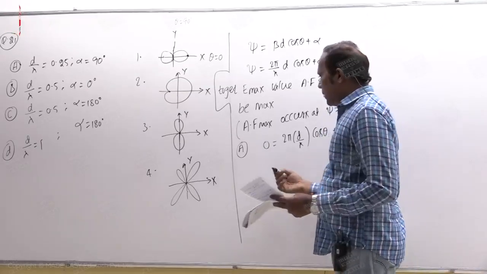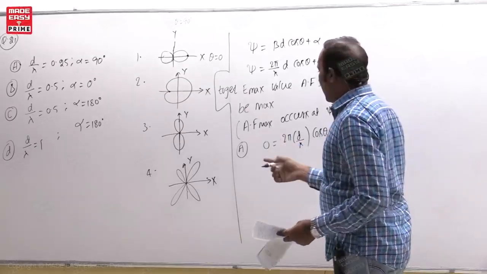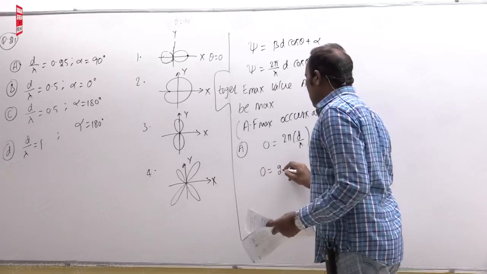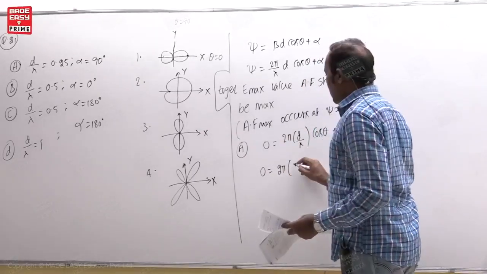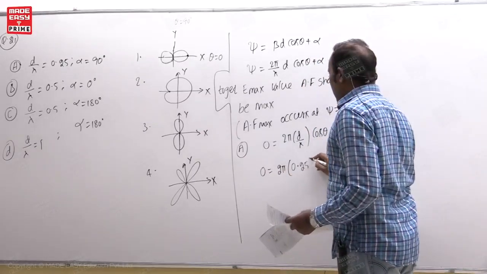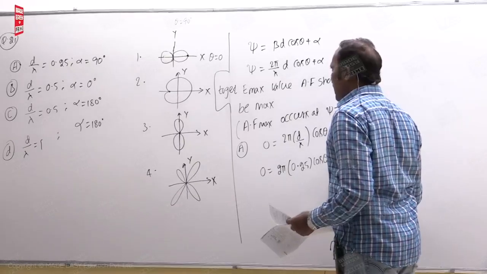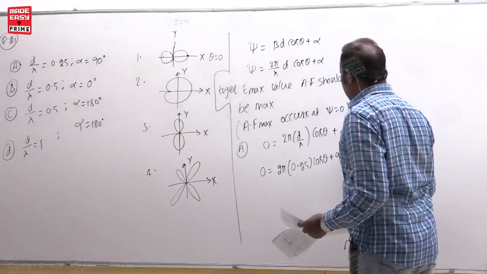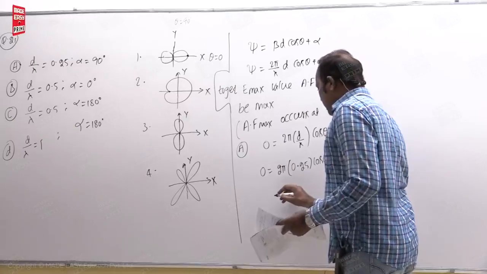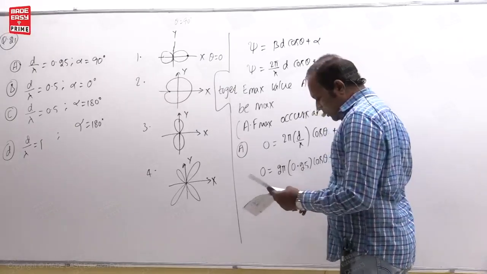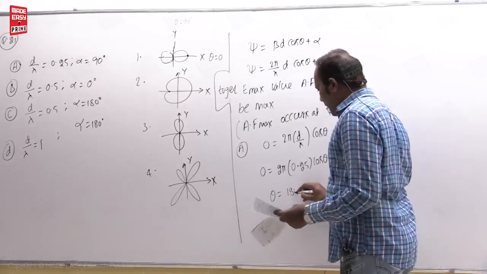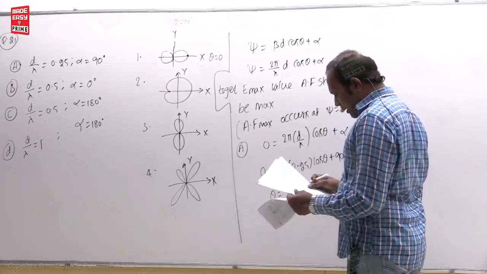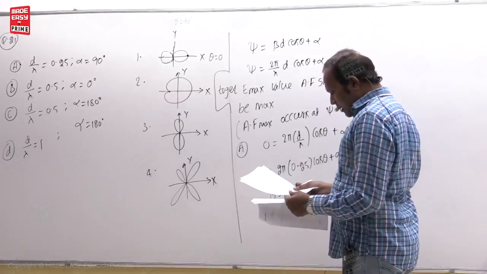This is the general equation. In the first option d by lambda is 0.25, and alpha is given as 90 degrees. So 90 means pi by 2 radian. So from this theta value I get 180 degrees, students. So here option D is matching.